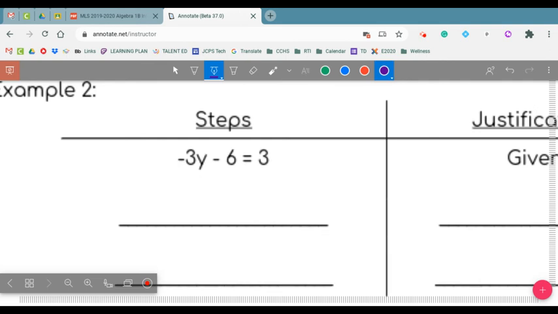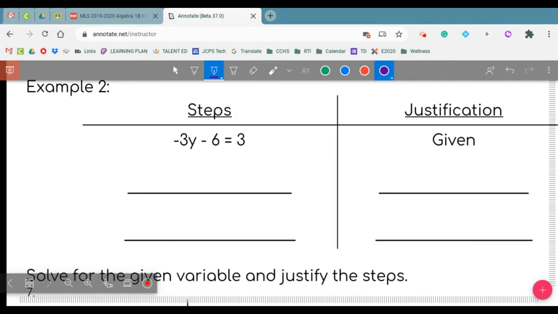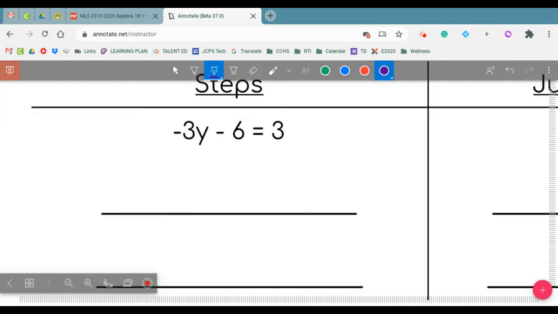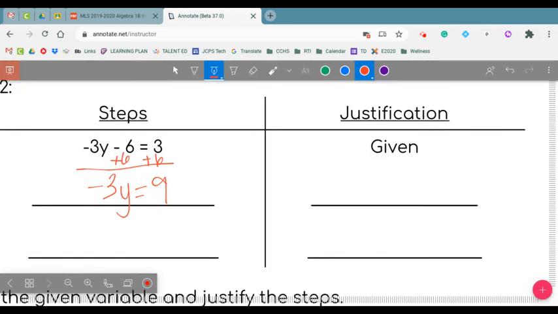Okay, let's go to example 2. What's our first step? We're going to add 6 to both sides. We get negative 3y equals 9. So what did I do to both sides? I added.